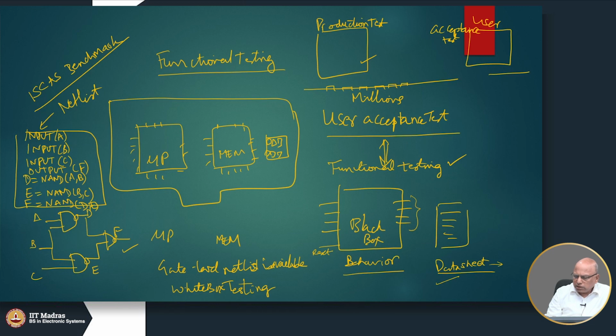So, you cannot practice functional test in production testing. There they will go for white box testing, they will use test generation algorithms and they will have these patterns. So, ATPG patterns are used. Whereas, here they use functional tests.